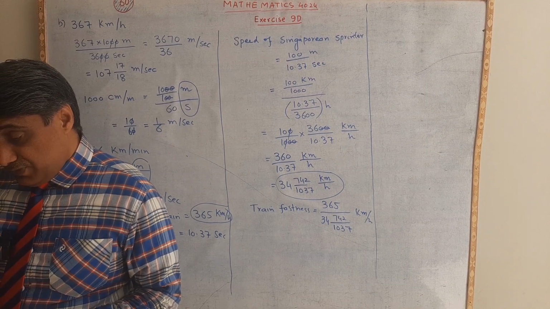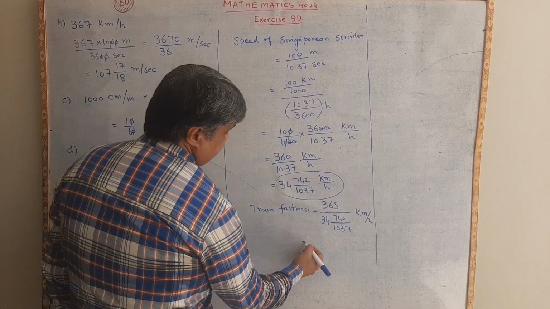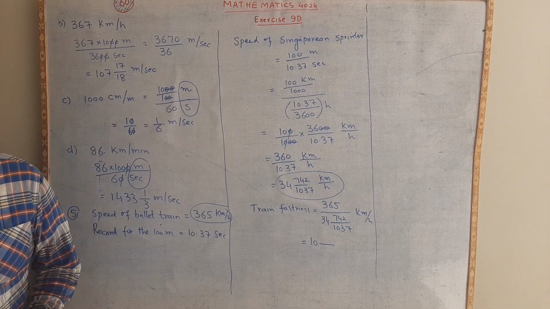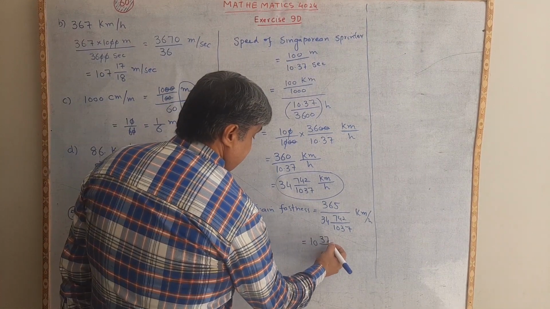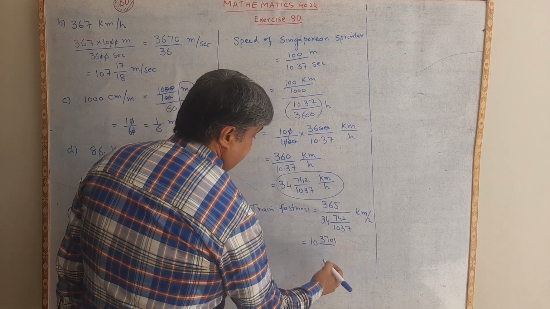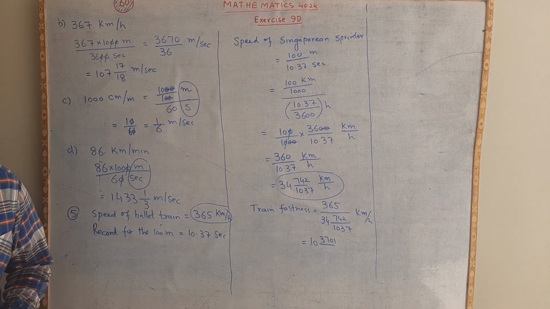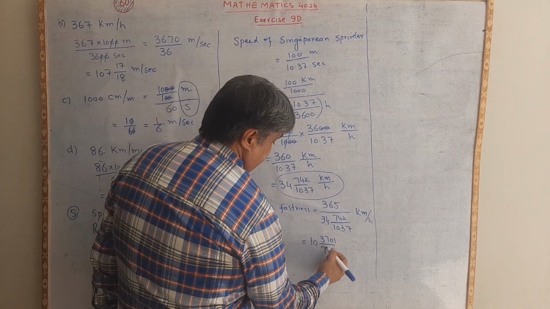So it will be equal to 10 whole 701 divided by 7200.